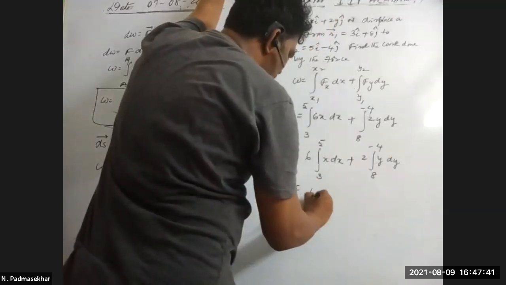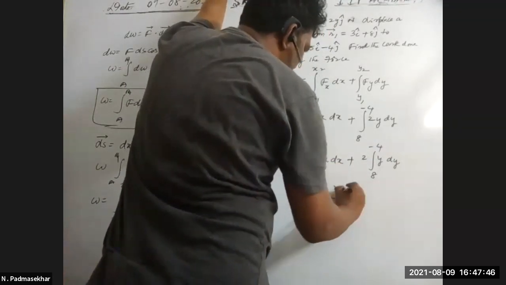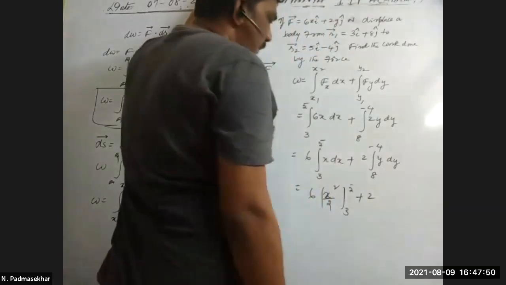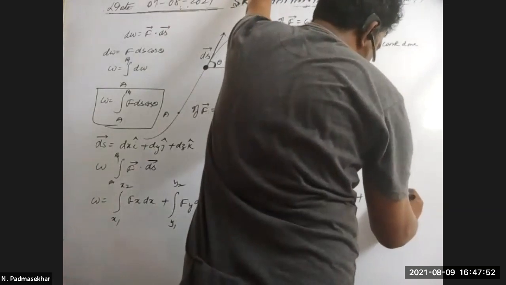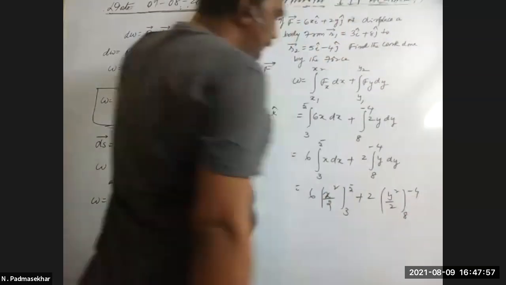So this is equal to 6 times x square by 2 from 3 to 5, plus 2 times y square by 2 from 8 to minus 4.